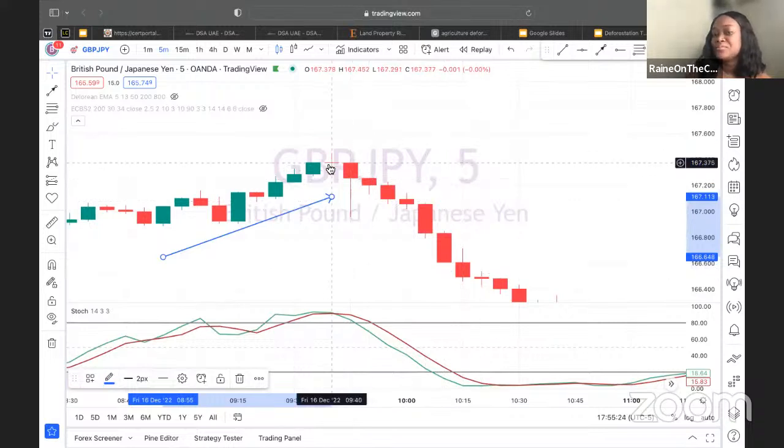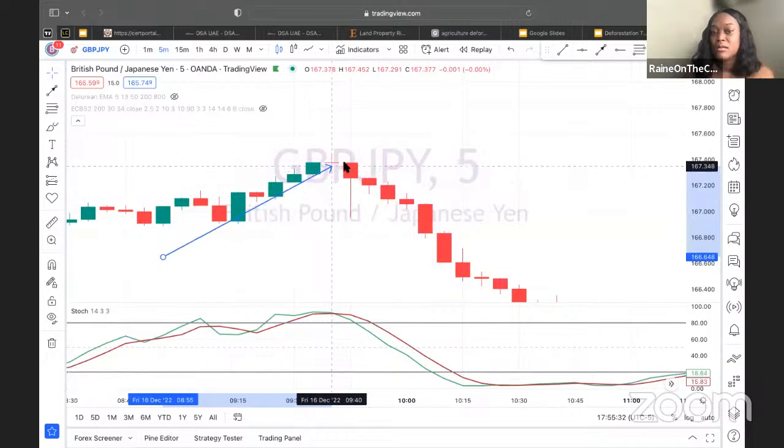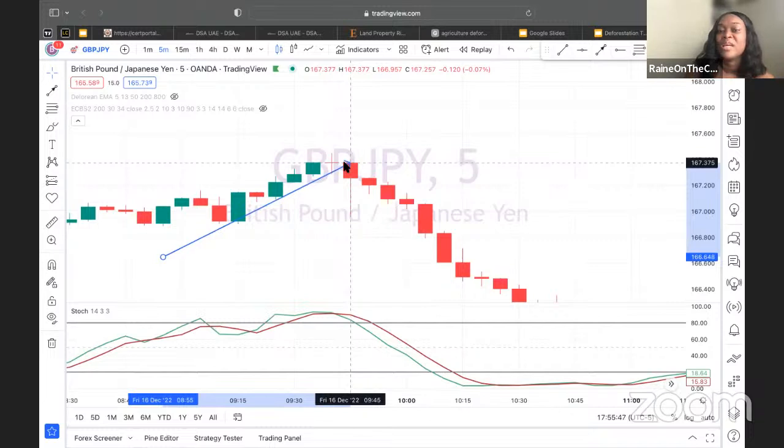So then the opening was the closing here. So then the next candle is going to open at the close, right? The open was the close. It doesn't matter. Wherever the previous candle closes, that's where the next candle is going to open.